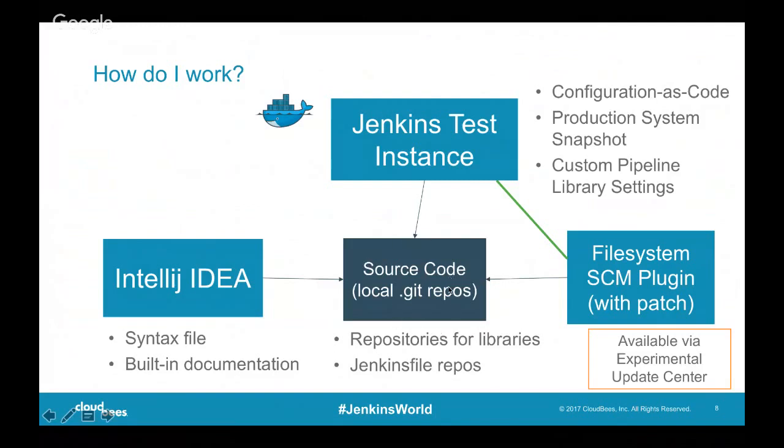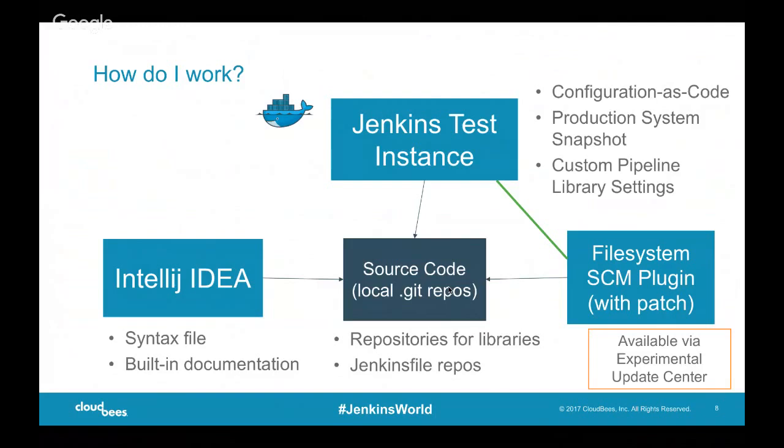So effectively, I have code locally, but this code gets propagated to my instance via volume, and hence I can edit it, and it gets automatically reflected in IntelliJ IDEA. And of course in Jenkins. So this is how it works.